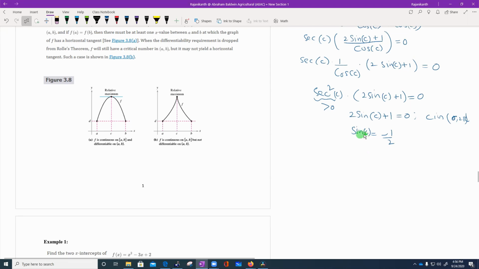You are finding where sine of the value is supposed to be negative one half. What are the possible C? Use the unit circle because your C is supposed to be from 0 to 2 pi. You need sine to be negative, right? So sine gives a negative answer in which quadrants? Quadrants 3 and 4. In 3 and 4, sine is always negative.